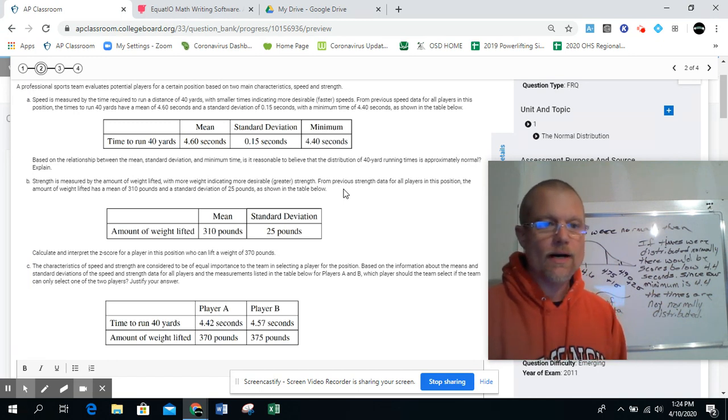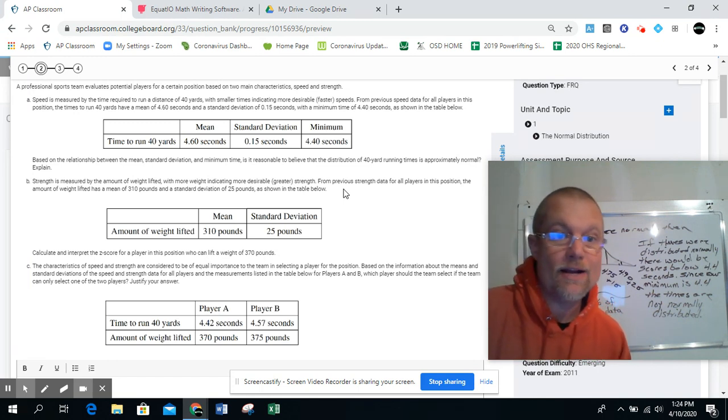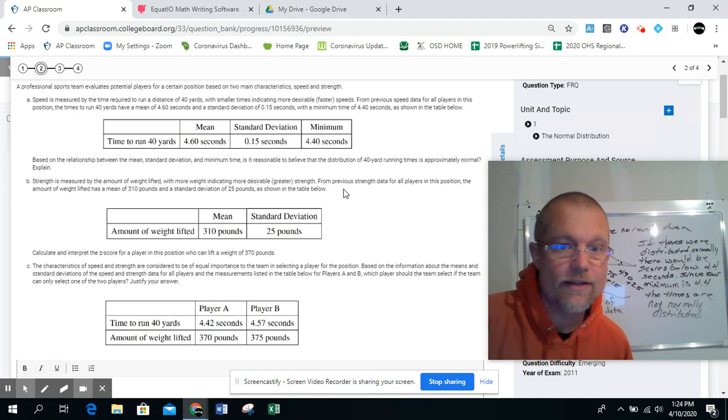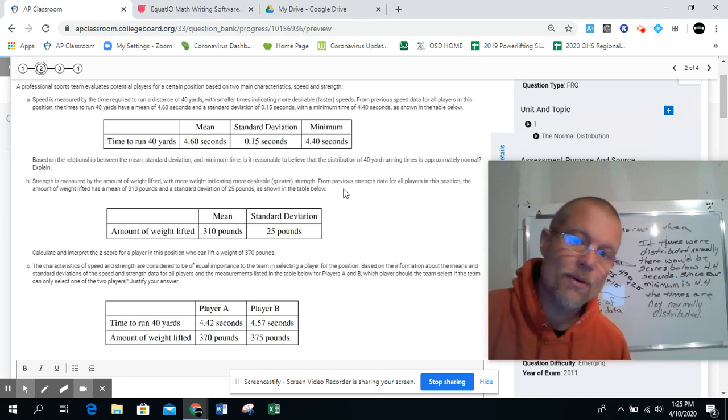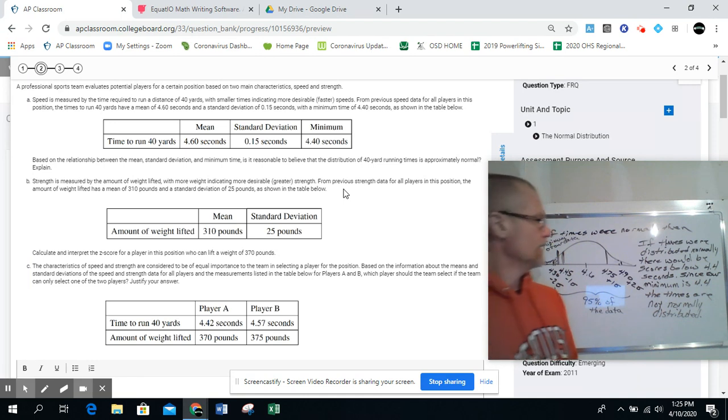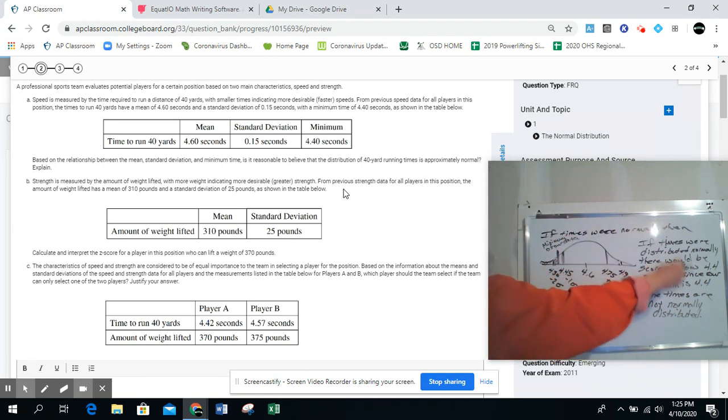Okay, so the big thing here is that they didn't say approximately normally distributed, I don't think. Oh yeah, they do say approximately normal. So you have to have this kind of argument going on here where there should be a lot of scores. That's quite a bit of data that's been down there.